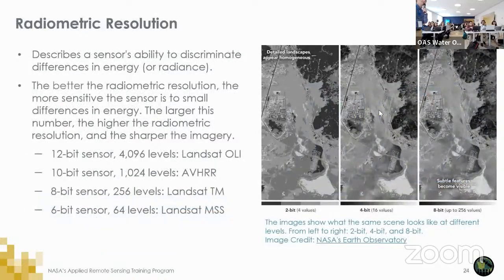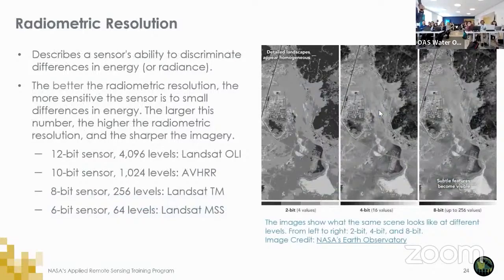And then finally, there's radiometric resolution. This just refers to the number of bits in any pixel. It could be a 4-bit, a 6-bit, an 8-bit, a 12-bit. It's just how much energy, how much radiance that one pixel is able to gather.